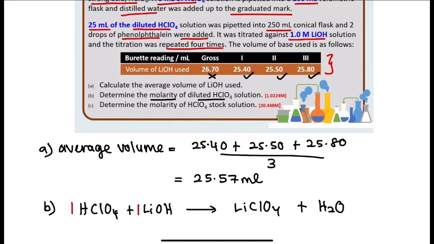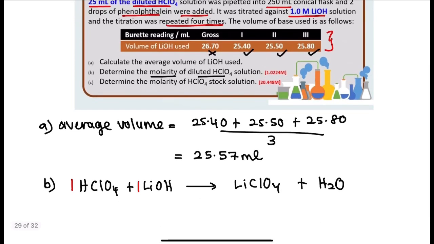As you can see, this equation is already balanced and thus the reaction ratio between acid and base would be 1:1. The next step would be to use the formula that you have learned before, that is MAVA over MBVB equals to A over B, to calculate the molarity of the acid.